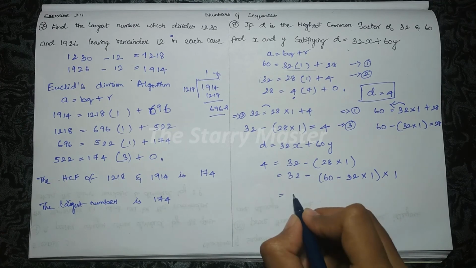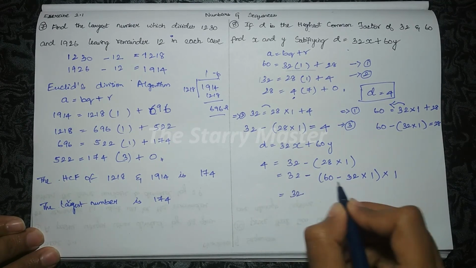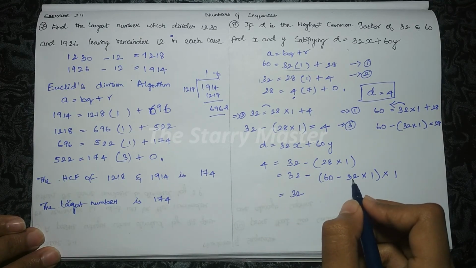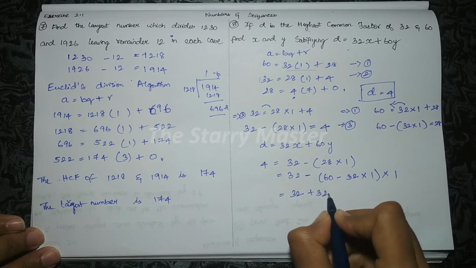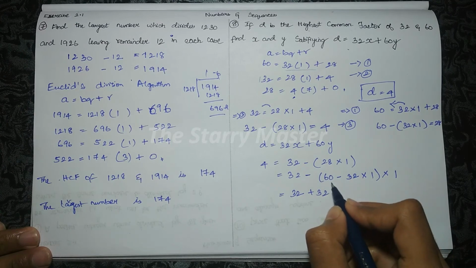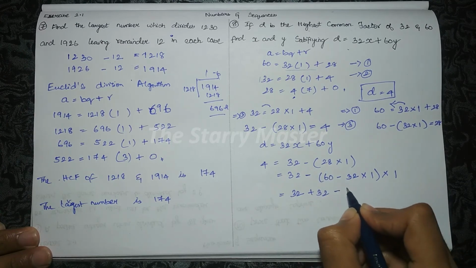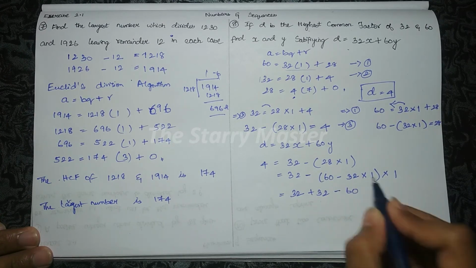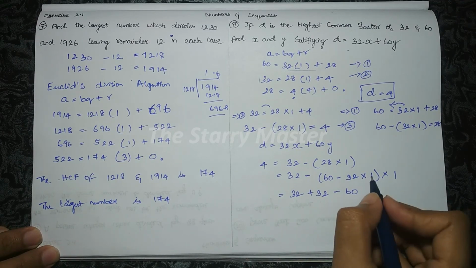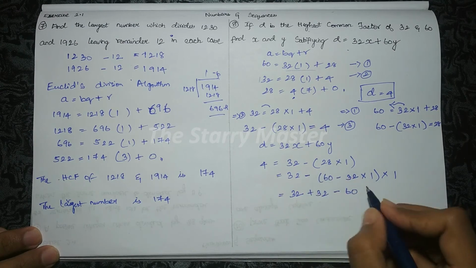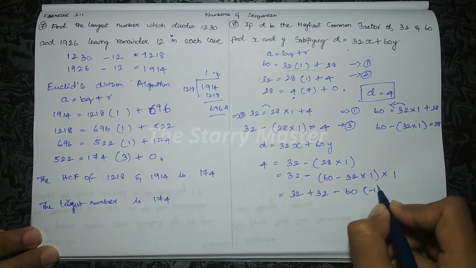So we take 32. We have 32 two times. Here the minus symbol, when it comes out we get 32 in plus. 60 in plus symbol, when it comes out we get minus 60. Into 1 we leave as it is. Or we take into 1 plus, when it comes out it gives minus 1.